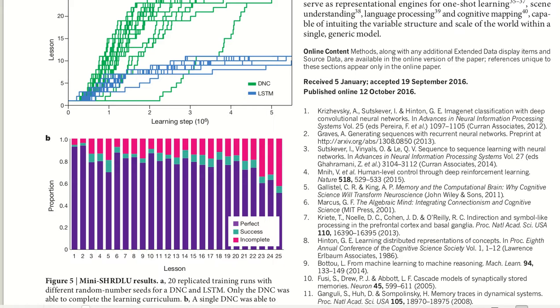Of course, now we have transformers, but they're something different. They share some properties with this differentiable neural computer, but I still think that they're different. And so there was the differentiable neural computer.